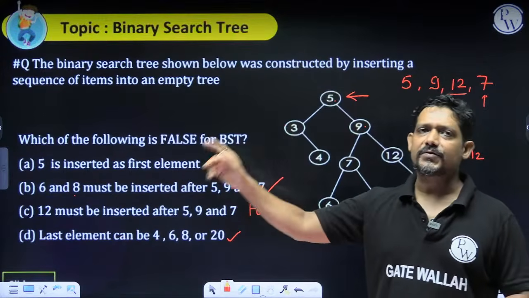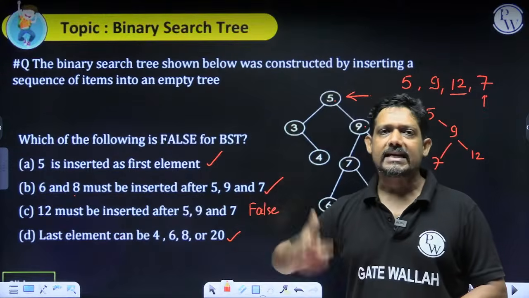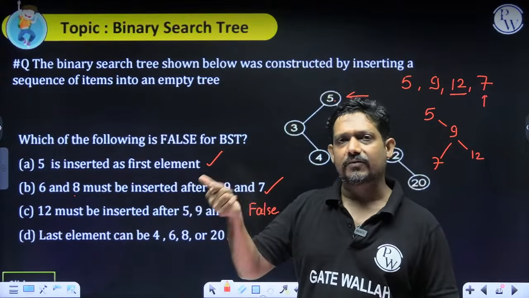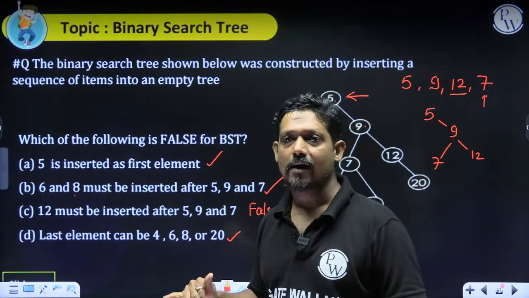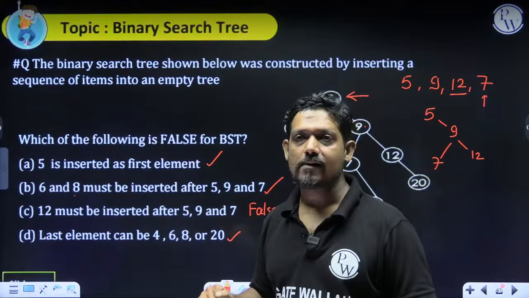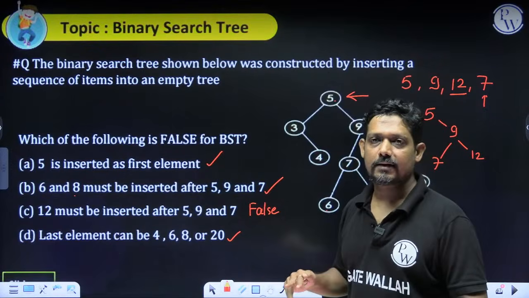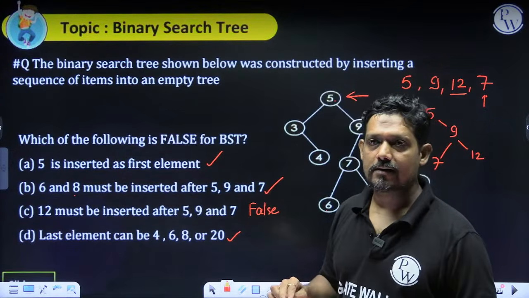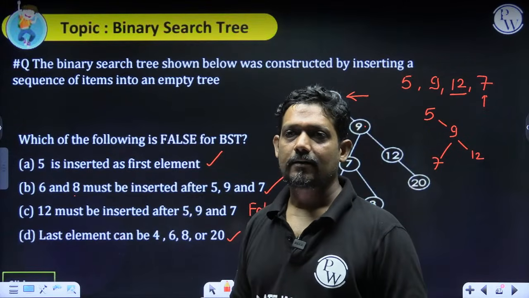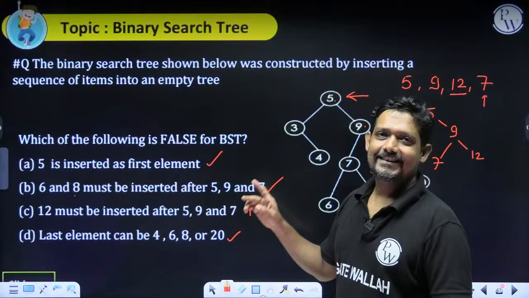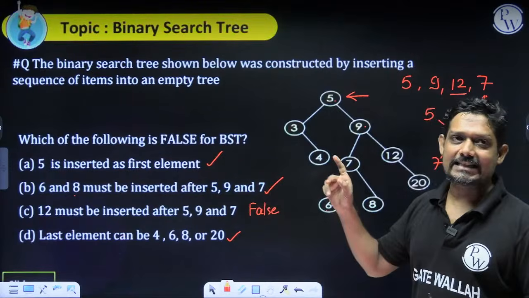That 5 is the first element is true, 6 and 8 must be inserted after 5, 9, 7, true. Okay, fine. So the answer here in this case is C.